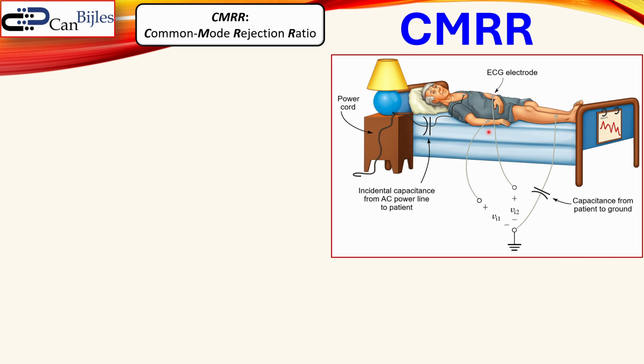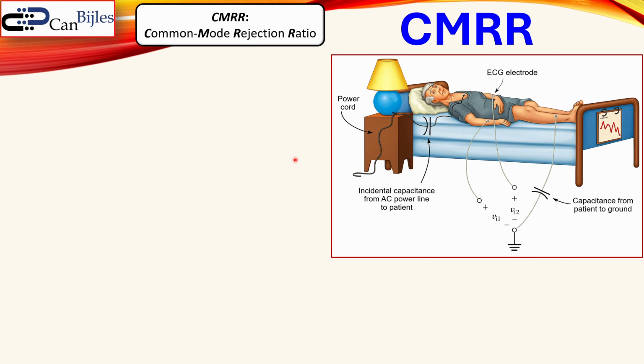It might be coupled because of the coupling from this patient to ground or to any other conducting element here. So we effectively have two inputs, VI1 and VI2. But there's also a connection here which might be going from the power from the lab, or maybe from the lamp or from the power cord or any other device that can also be coupled here.